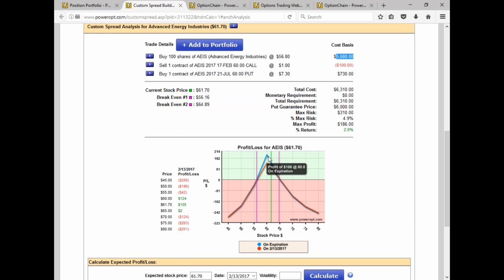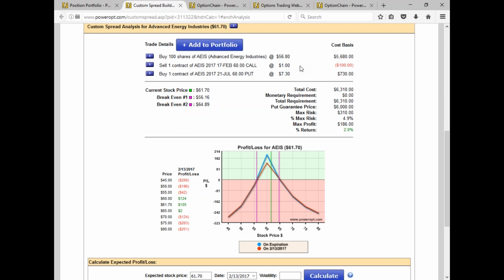So later in the day, when I felt it was safe that there wasn't going to be a late reaction, we sold the 60 call for $1. Yesterday, it went up 85 cents, then about another 40 cents, 45 cents on Wednesday and Thursday. So here it is now at 61.70.